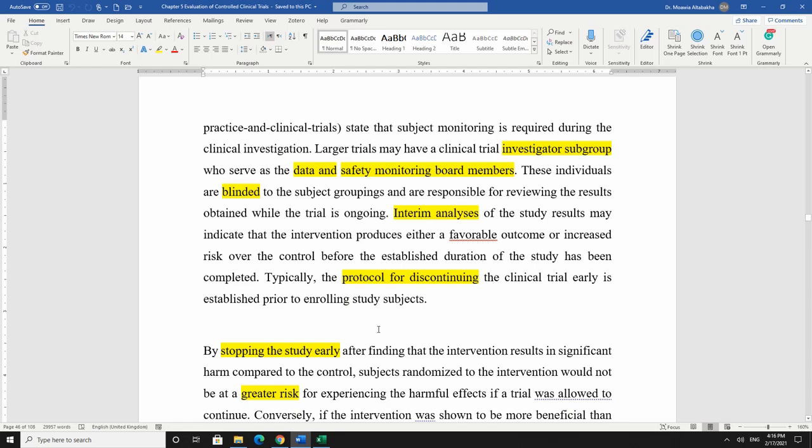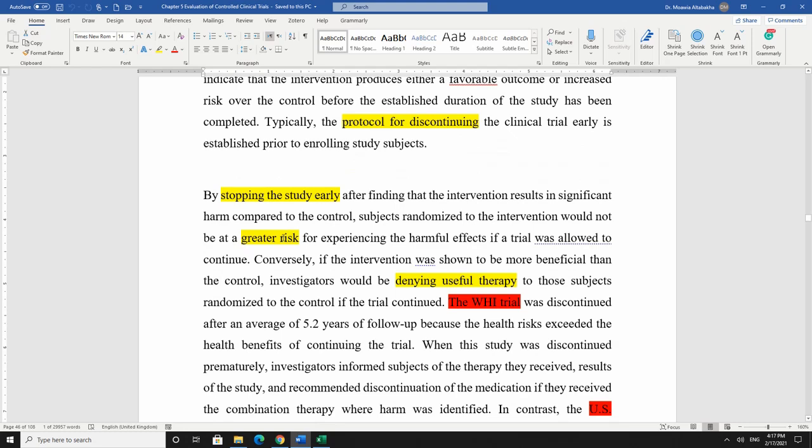They can see that, and once they know that something is happening, maybe something wrong, there is a protocol for them to discontinue the trial and be unblinded. They will say, okay, there is something dangerous happening in group A, so we have to stop. So what is group A taking? We need to know that.